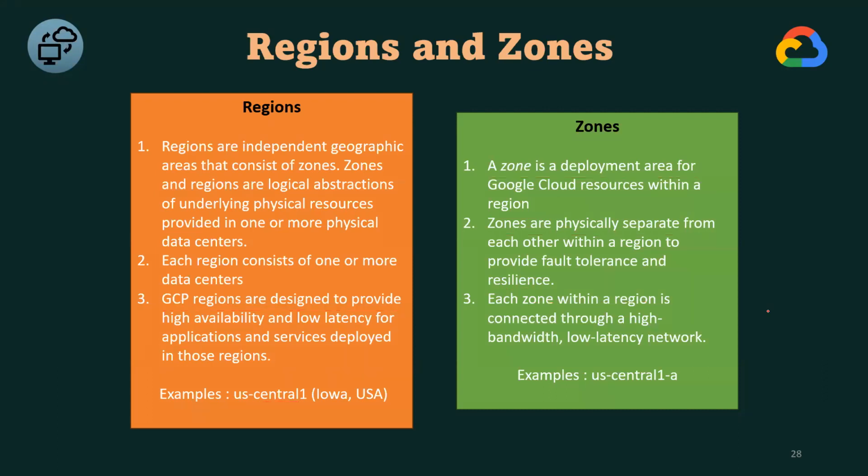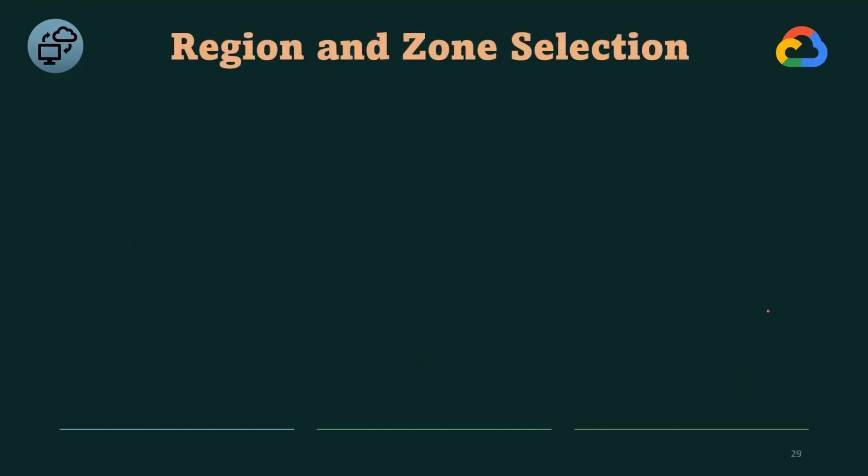So let us see how it actually works. For example, whenever you are deploying your application, assume this is North America's data center or infrastructure, and this is India.